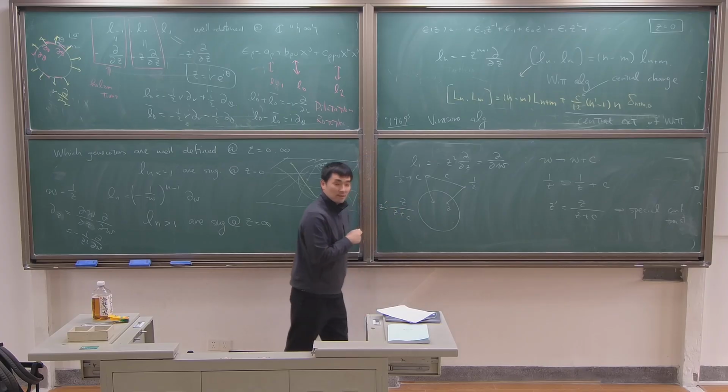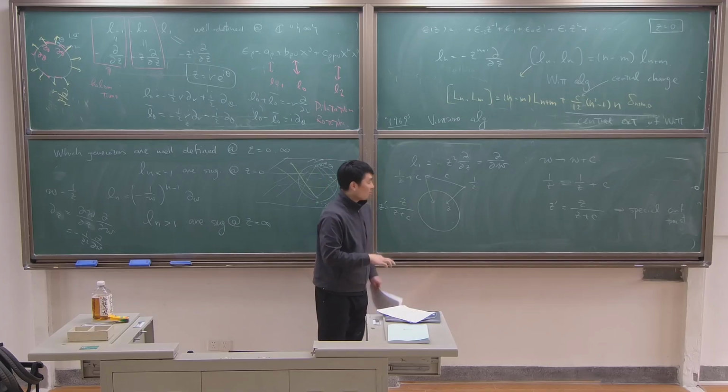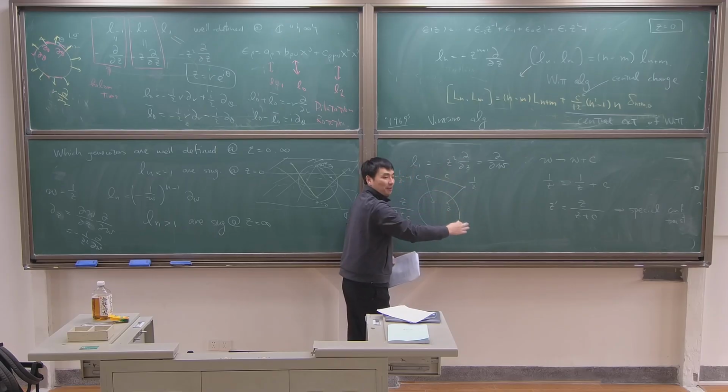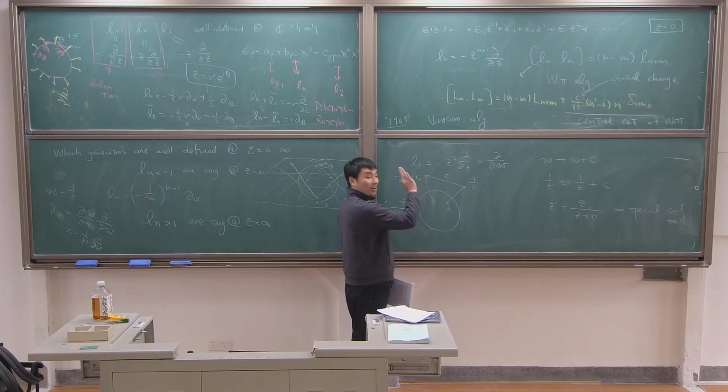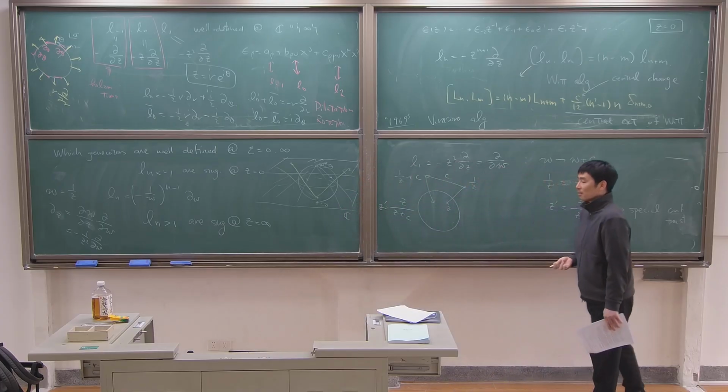That is your z prime. Of course, this figure is not correct; when you take 1 over z the angle will change. But what we are doing is holomorphically doing a special conformal transformation.